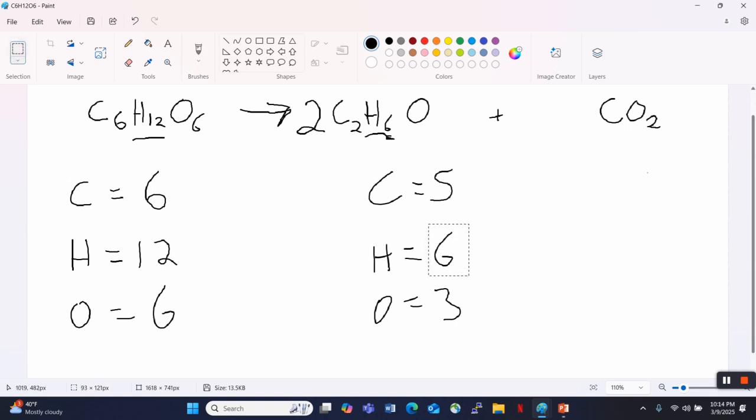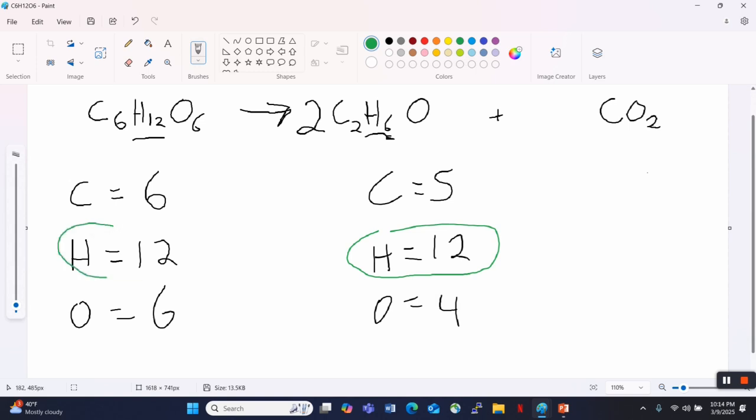It would increase the number of hydrogen atoms to 12, and it would increase the number of oxygen atoms to 4. So, the number of hydrogen atoms on either side of the equation are now balanced. But we still had to put in some more work to balance the number of carbon and oxygen atoms.